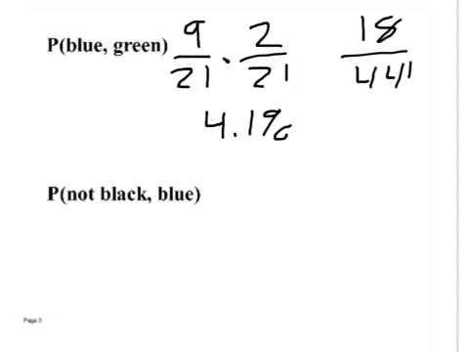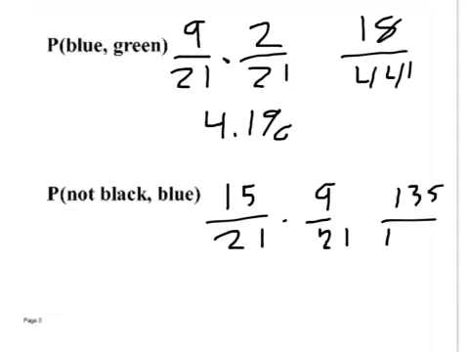Now we need to do the probability of not a black one and then a blue one. We have 21 total. How many black were in the bag? 6. So how many are not black? 15. How many blue were in the bag? 9. 9 times 15 is 135 over 441.